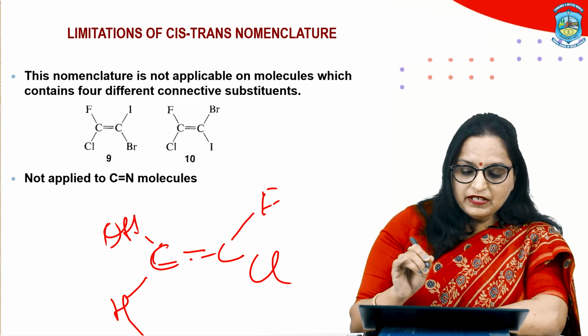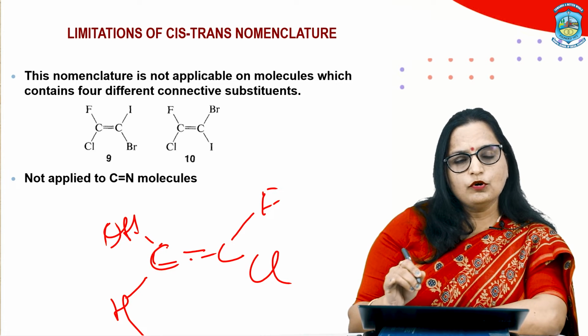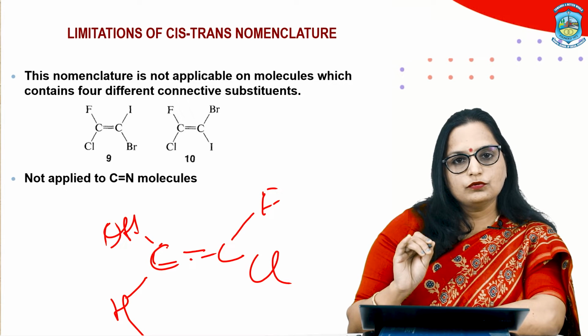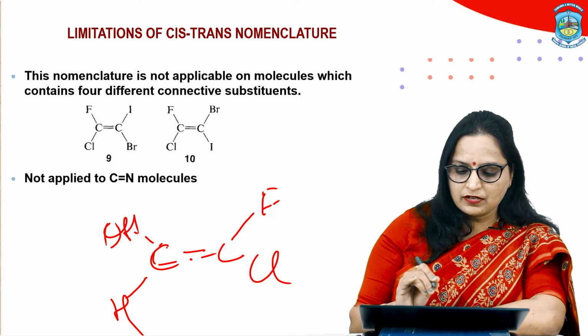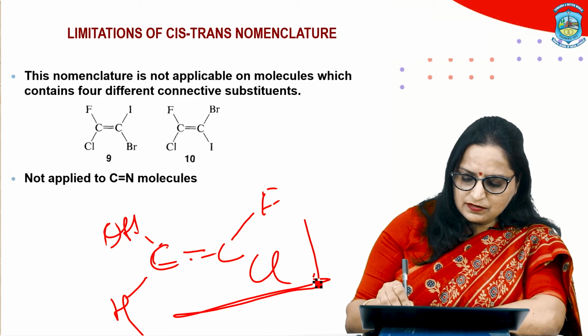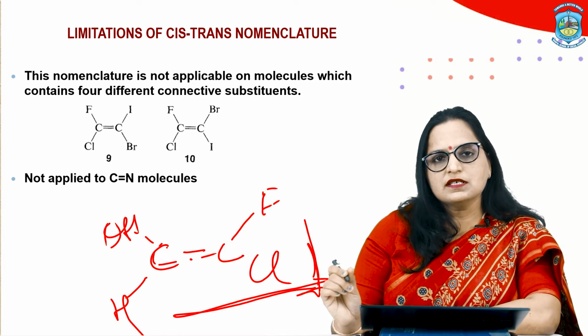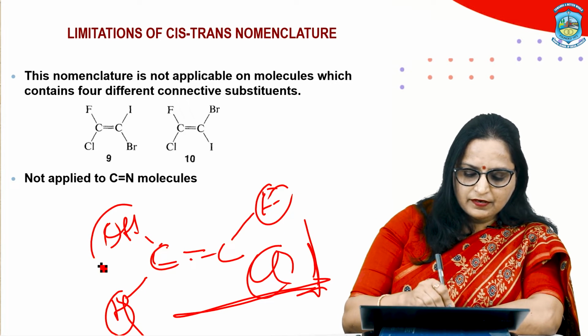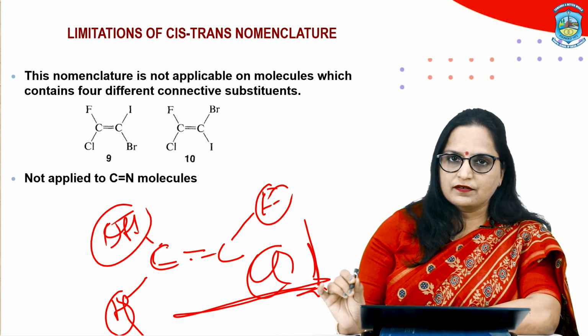So, now we need to have one common group on both carbons if we want to assign cis and trans. So, this is one of the limitations of cis-trans nomenclature, that if all the 4 groups are different, then we cannot assign cis and trans.